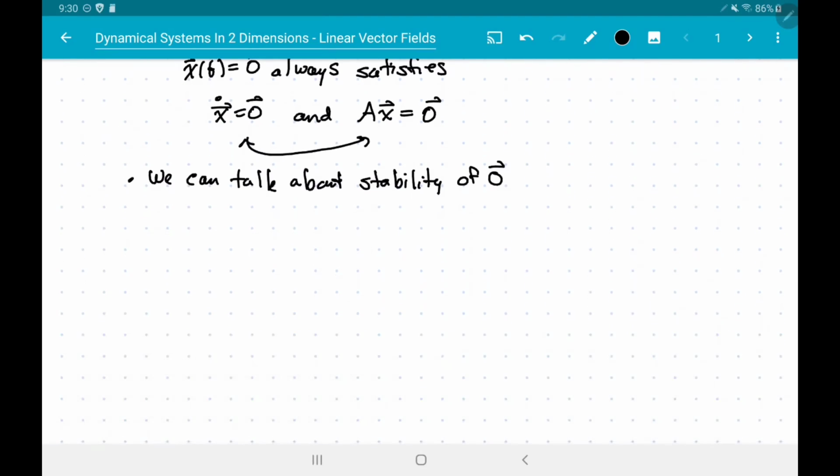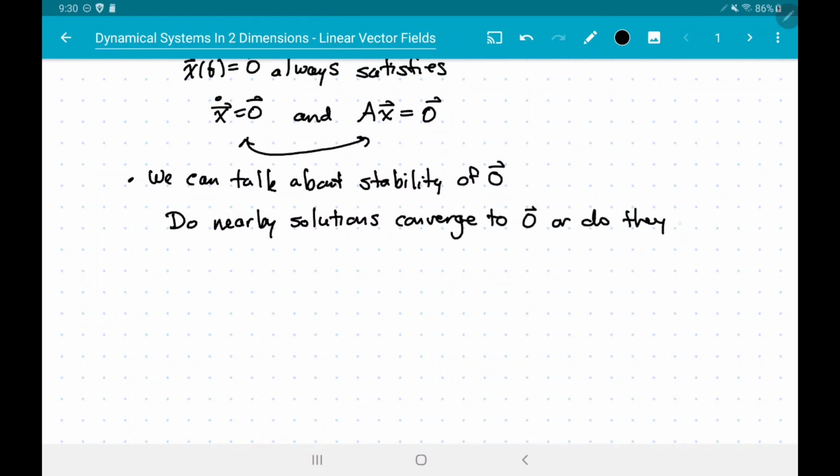That is, do nearby solutions converge to 0, or do they grow? Or maybe they have other possibilities. It is possible, for example, to have solutions that just trace out a circle if the A matrix has the right properties.